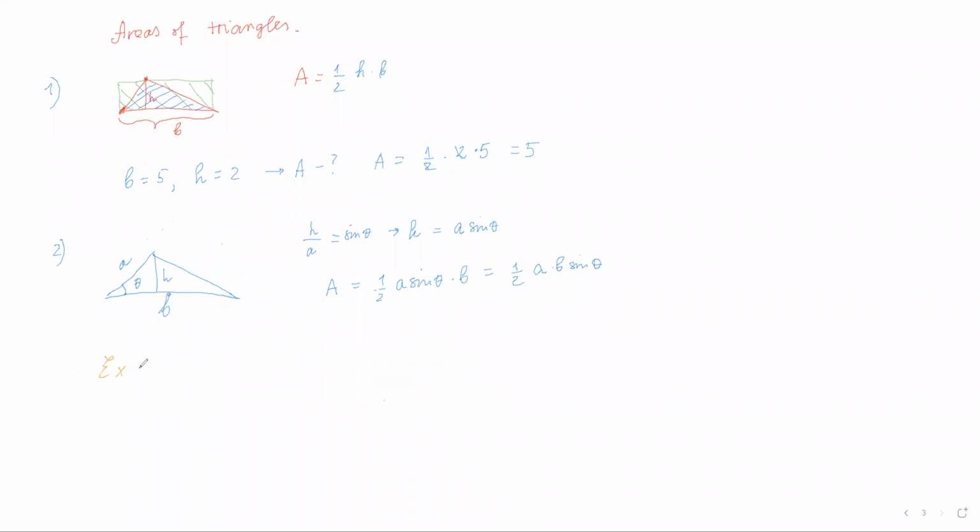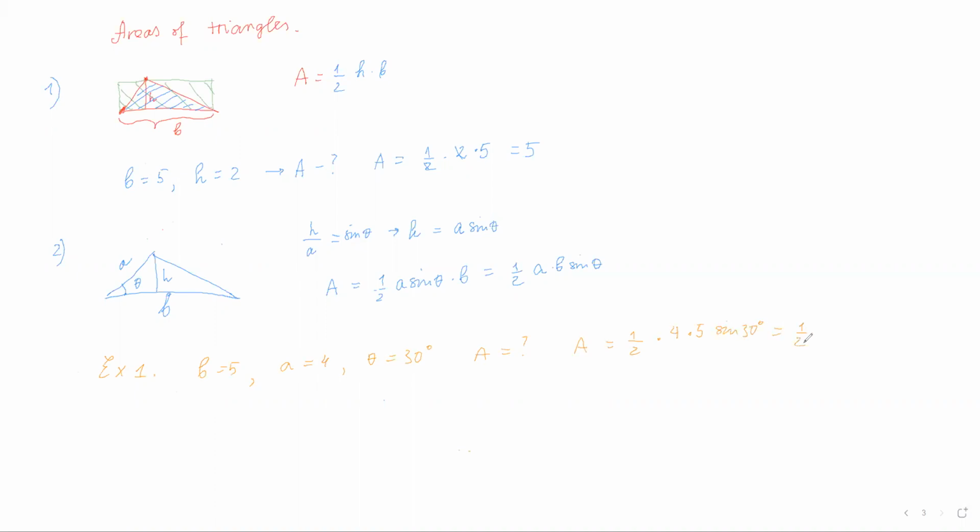Example 1. So somebody gives me B, which is equal to 5, right? And somebody gives me A, which is equal to 4, and somebody gives me theta, which is equal to 30 degrees. And they're asking, what is the area? Well, I use the formula. 1/2, side A is 4, side B is 5, and the sine of 30 degrees, we remember, equals 1/2.